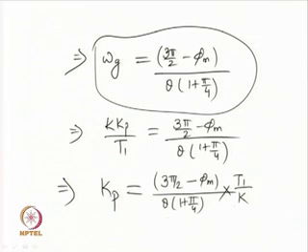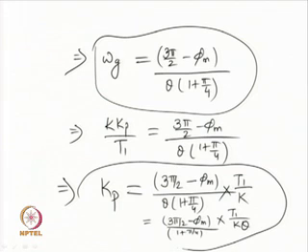Finally, this can be simplified and written as 3 pi by 2 minus phi m by 1 plus pi by 4 times T1 by k theta. It does not matter. So, finally, what we have got is an expression for Kp. This is how the proportional gain of the PID controller will be estimated using the formula derived here.